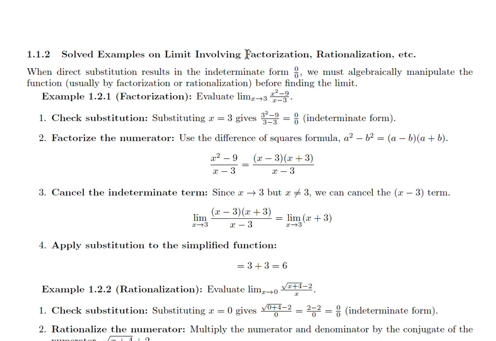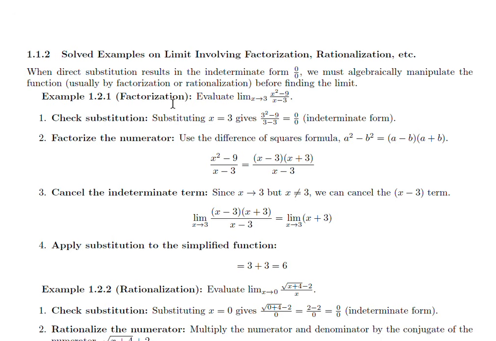We can apply techniques like factorization and rationalization in such cases, and then there is a very popular technique called the L'Hopital rule, but we'll be introducing the L'Hopital rule after differential calculus because it applies differential calculus.